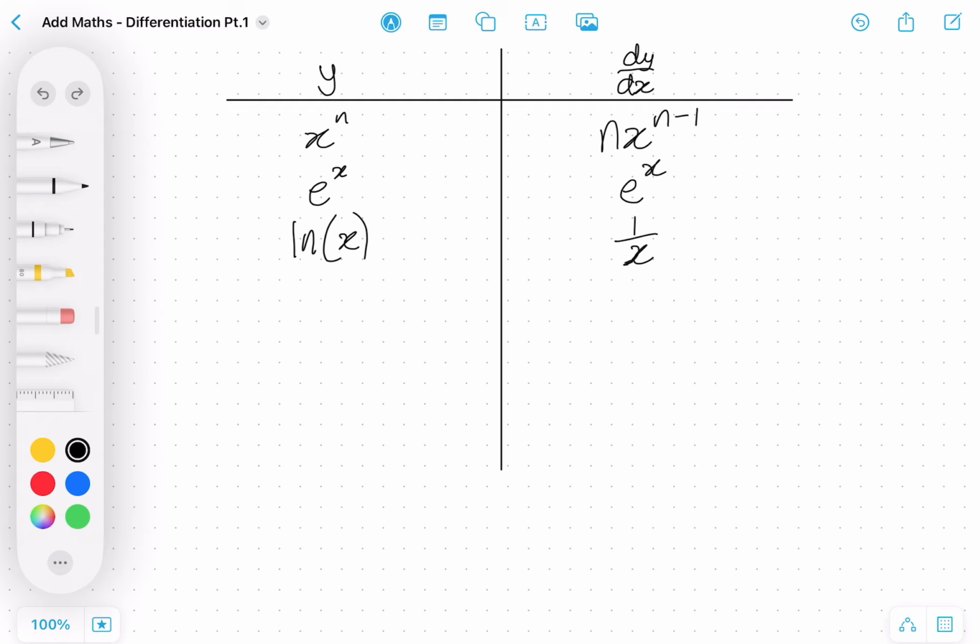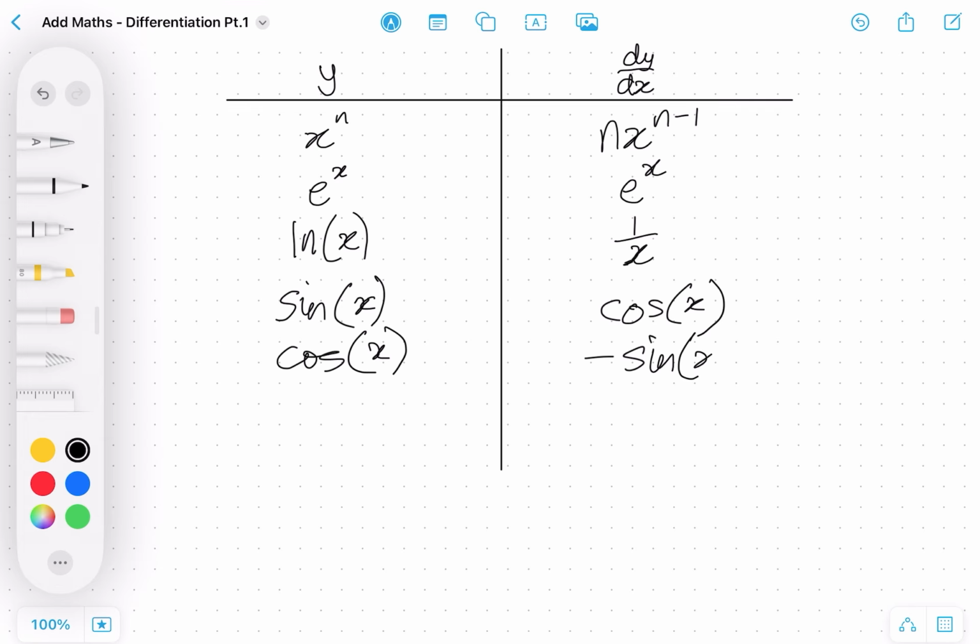Now if you think about differentiating trigonometric functions, if we start with sine x, the derivative of this is cosine x. And the derivative of cosine x is negative sine x.